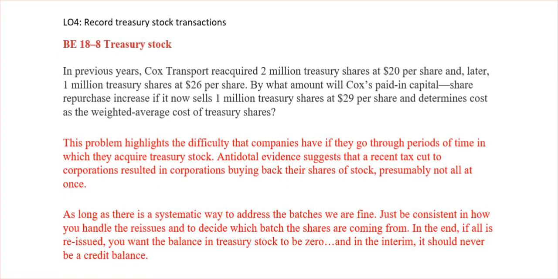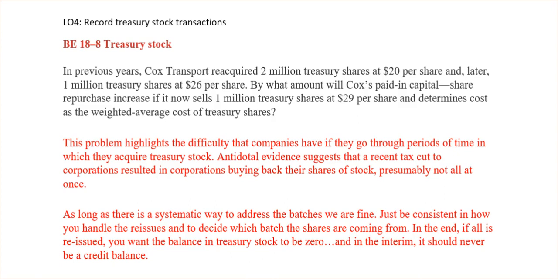Now we're moving on to recording treasury stock transactions. Here we have Cox Transport reacquiring 2 million shares at $20 per share, and later 1 million at 26. What amount will paid-in capital share repurchase increase if it now sells the 1 million shares at 29 per share and determines cost as the weighted average cost of shares?